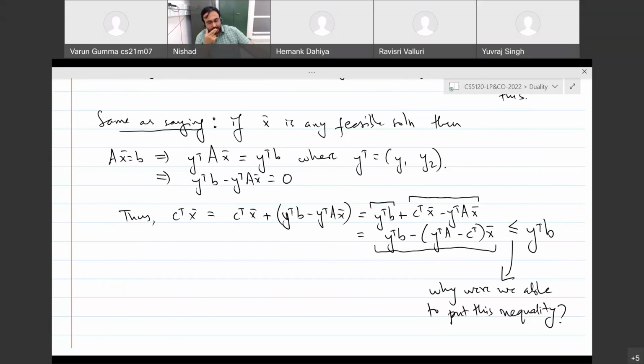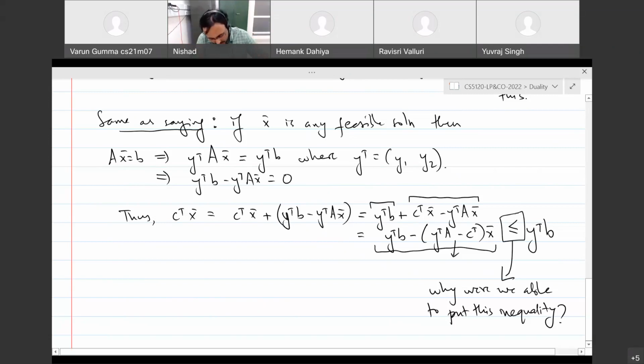Anyone? y transpose A minus c transpose should be greater than or equal to 0. Exactly. The fact that this vector was non-negative in all the vectors y we chose is exactly why we were able to put less than or equal to, because you're multiplying two non-negative vectors. So the scalar you get out of that is going to be non-negative, and you're subtracting something non-negative, therefore you can put that inequality.